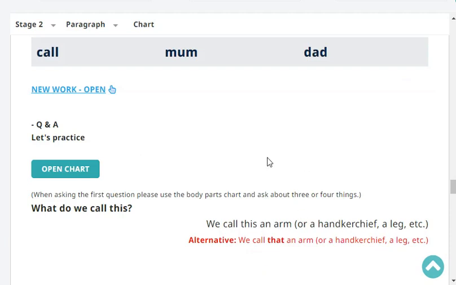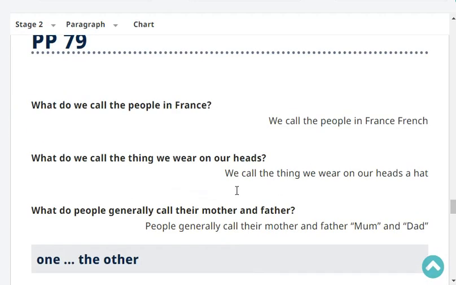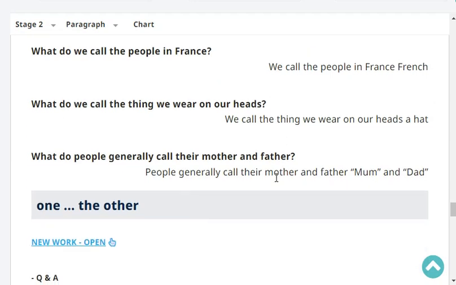Call, mom, dad. What do we call this? We call this an arm. What do we call the people in France? We call the people in France French. What do we call the thing we wear on our head?